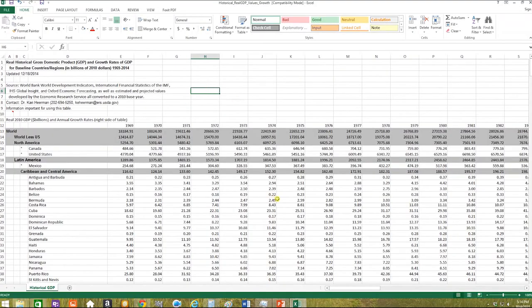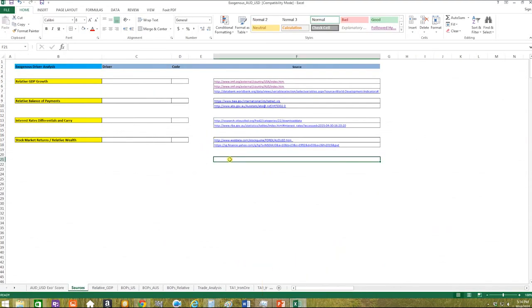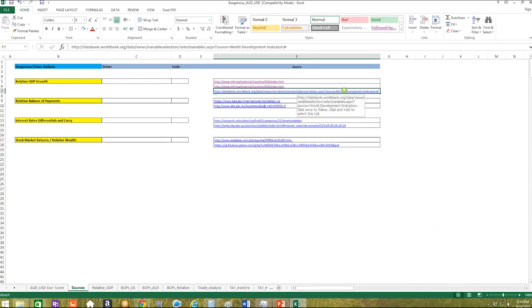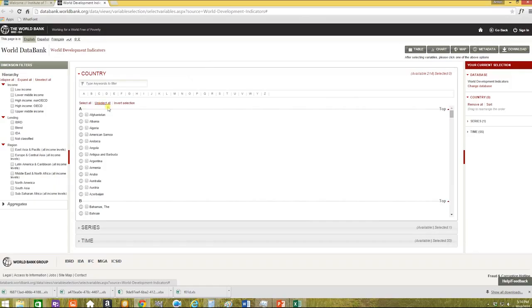And all you have to do to get this data is go to this World Bank link here, and this will take you directly online, and we're given a dataset variable choice. So when you first click into it, you'll be given country, series and time, and nothing will be selected for each section.